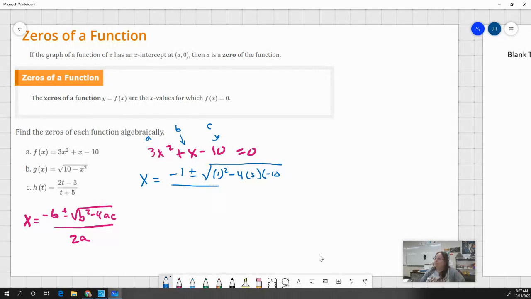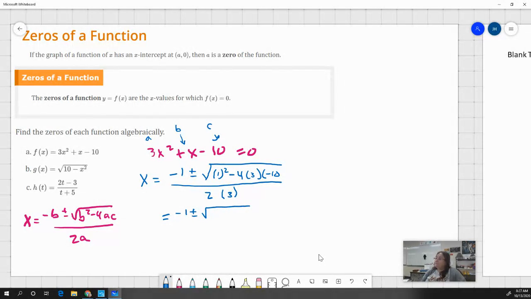All over 2 times A, and A is just 3. We should get 2 solutions, because we have that plus and minus. So let's start with minus 1 plus or minus.